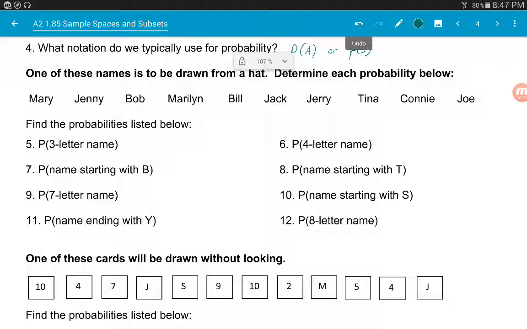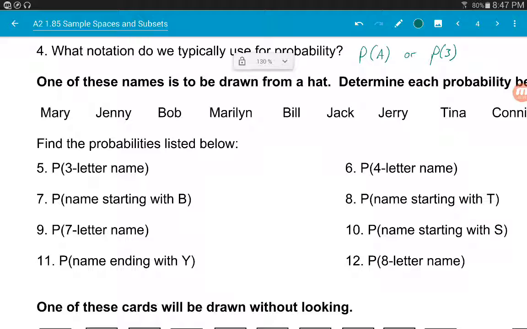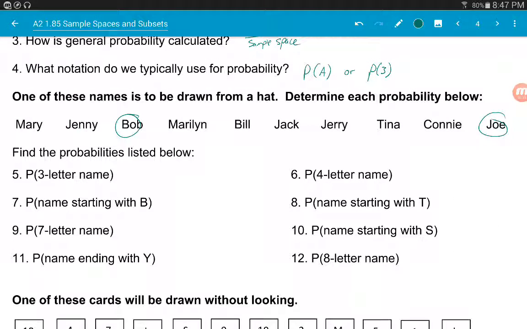Now, one of my first examples: one of these names is to be drawn from a hat. Determine each probability below. I've got Mary, Jenny, Bob, Marilyn, Bill, Jack, Jerry, Tina, Connie, Joe. There are 10 names. So the sample space is 10. Now the probability of getting a 3-letter name: how many 3-letter names are there? Bob and Joe.